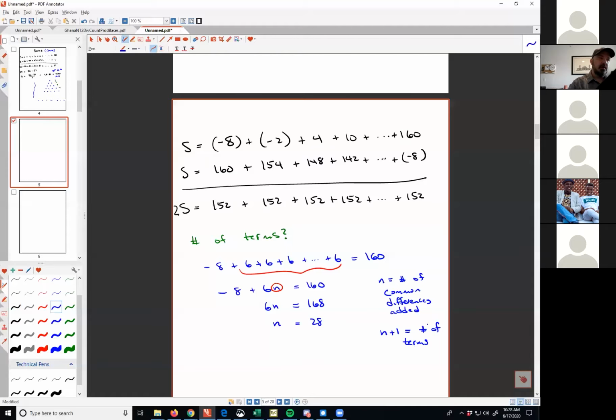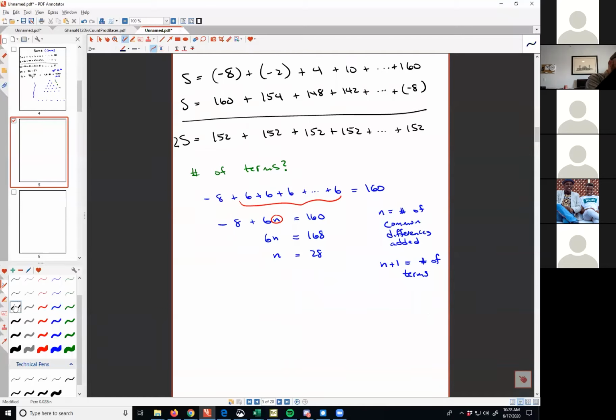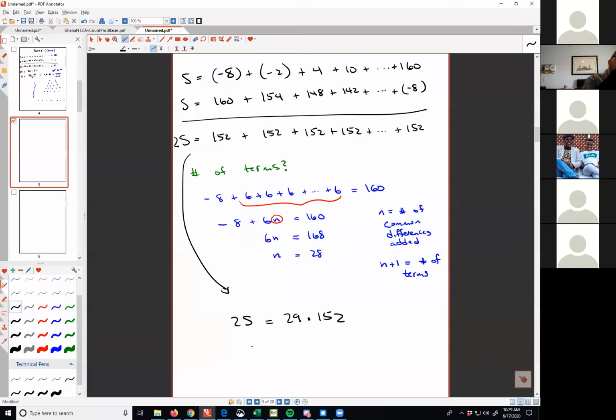So from our work above, we now know that 2S equals 29 times 152. So now S equals 29 times 152 divided by 2. And I'll go ahead and take a factor of 2 out of 152.